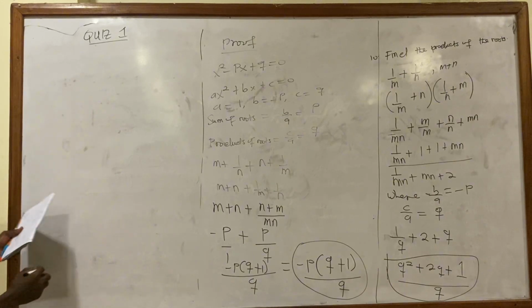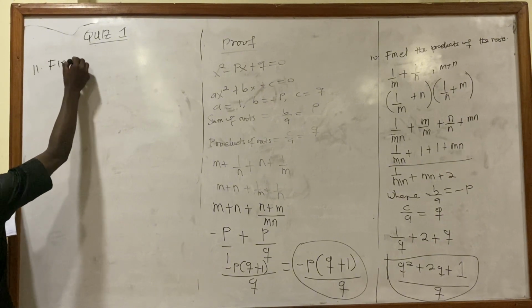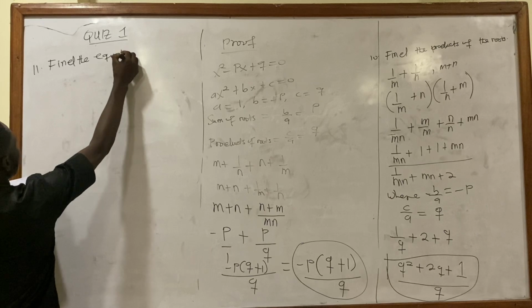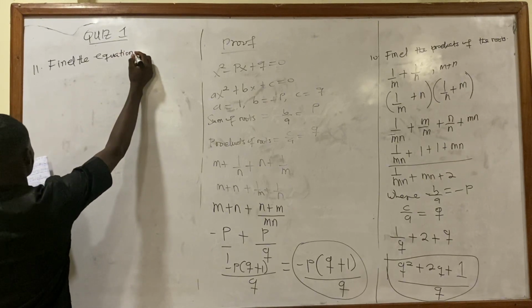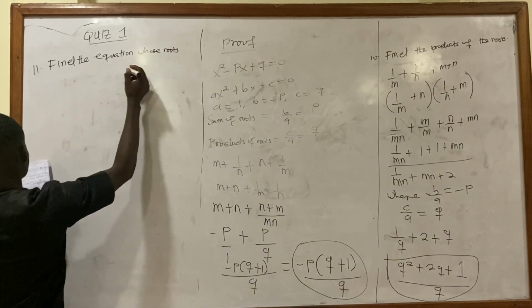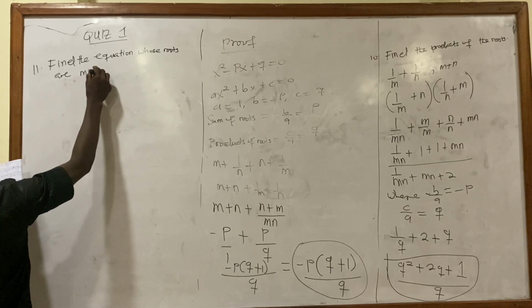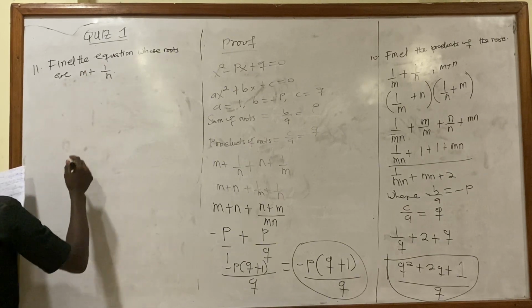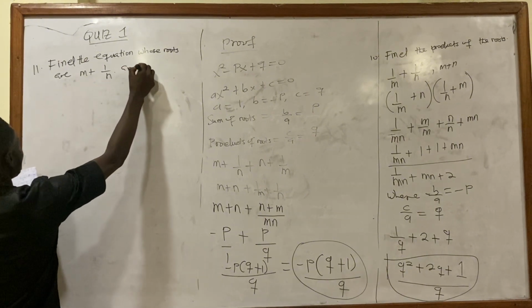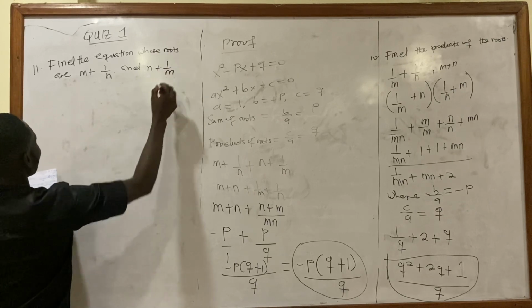He said we should find, question 11, the equation whose roots are m plus 1 over n and n plus 1 over m.